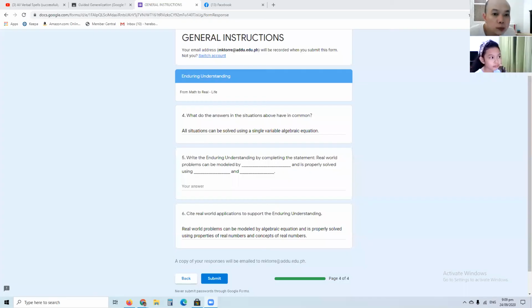Okay, so number 5 is can be modeled by algebraic equation. You have to type all your answers.